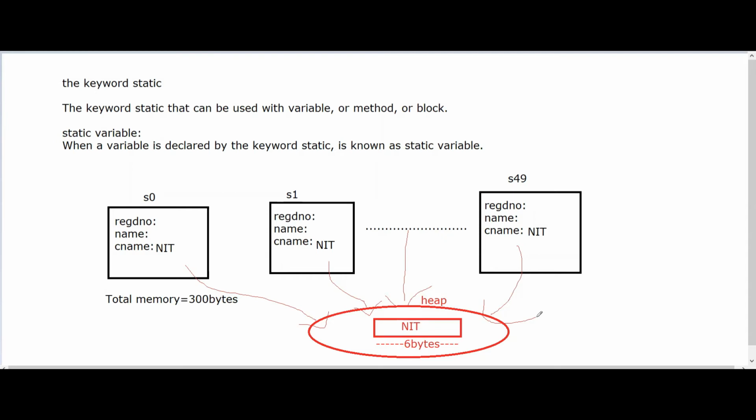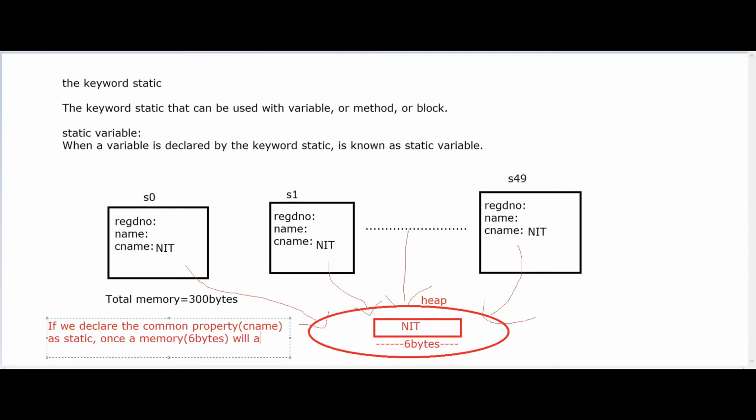This is the advantage. So if we declare that common property, that means the variable college name, as static, then once 6 bytes of memory are allocated, all objects share that memory.